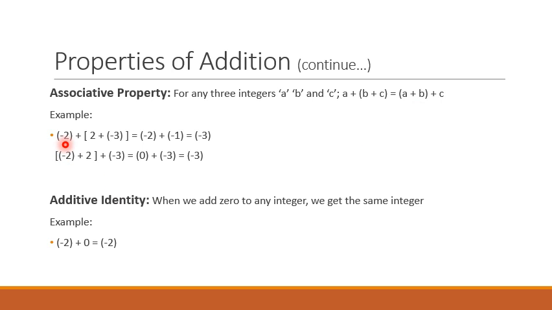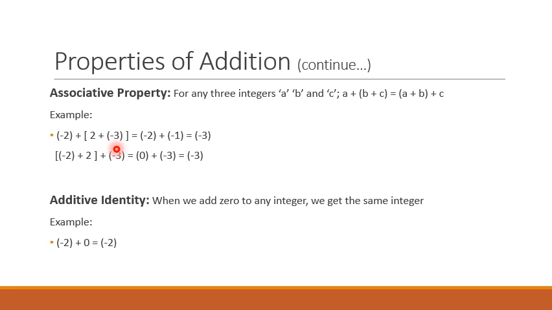In this example, I have taken minus 2 as a, 2 as b and minus 3 as c. Now first I will add the two integers in the bracket, that is 2 and minus 3. When I add 2 and minus 3, you can see the two have opposite signs, so we have to subtract. So 3 minus 2 will give me 1, and since 3 is the bigger integer, the answer is negative.